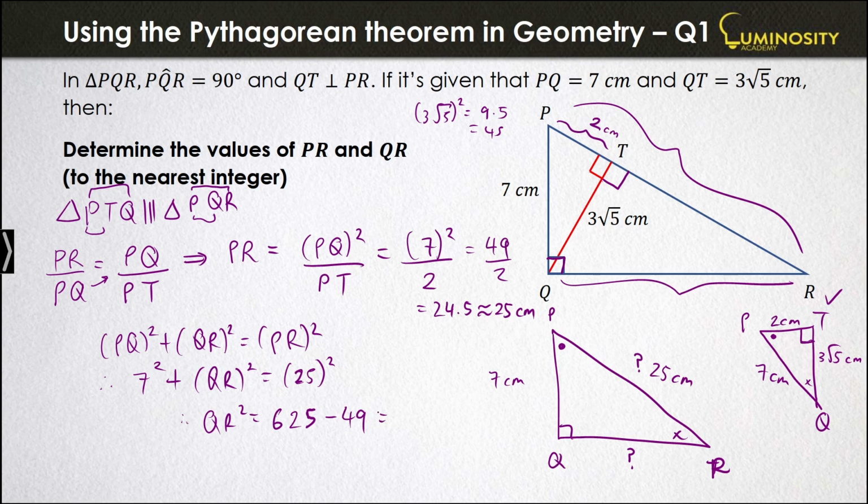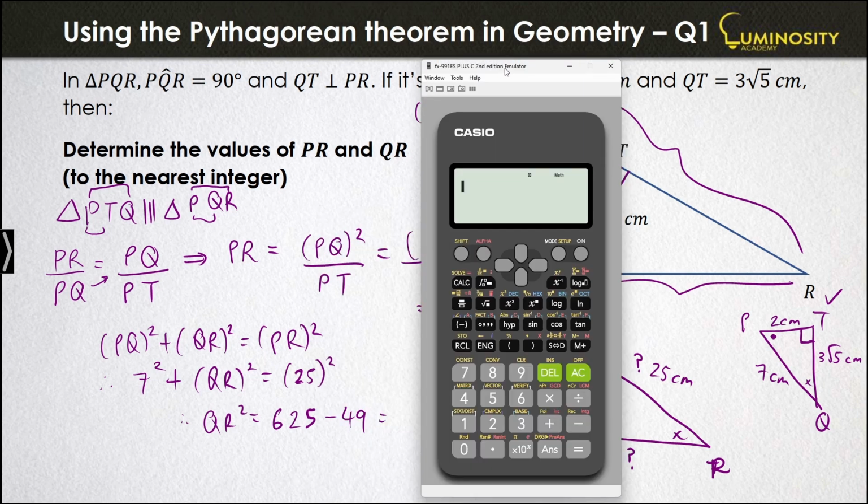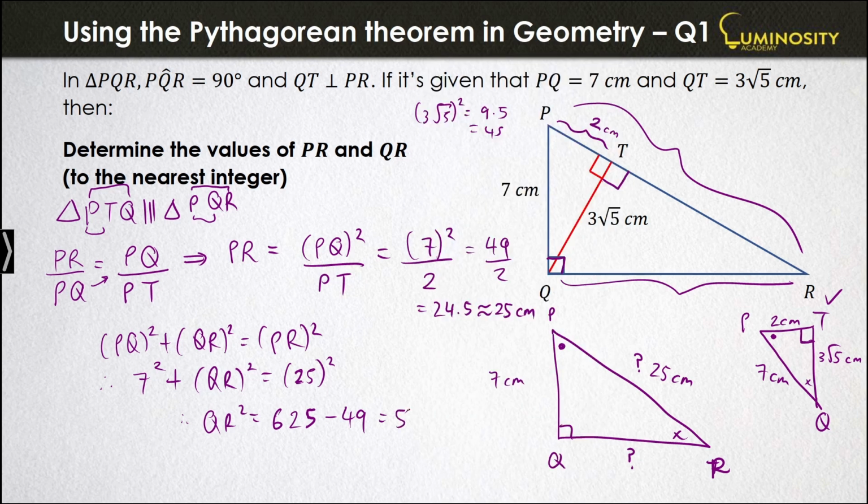So let's check what that's going to be. I'm going to bring up the calculator, and then we can double check that. Okay, so you're going to have 25 squared minus 7 squared. It's going to give you 576.